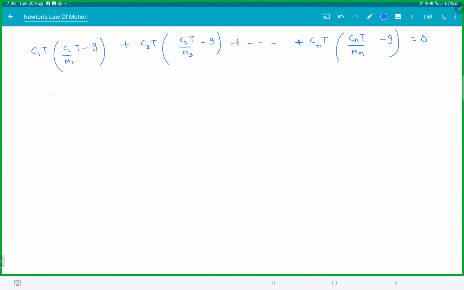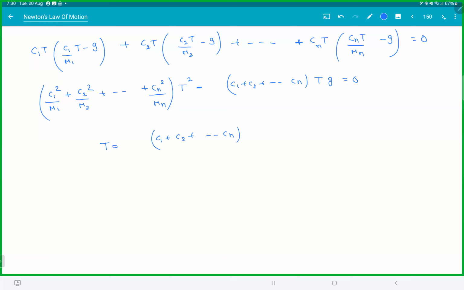Just take out everything in common there. So you get C1 square by M1, C2 square by M2, so on till Cn square by Mn, times tension, minus C1 plus C2 plus so on till Cn, into G. From here, I'll get the tension T will be C1 plus C2 plus so on till Cn into G by C1 square by M1, C2 square by M2, so on till Cn square by Mn.